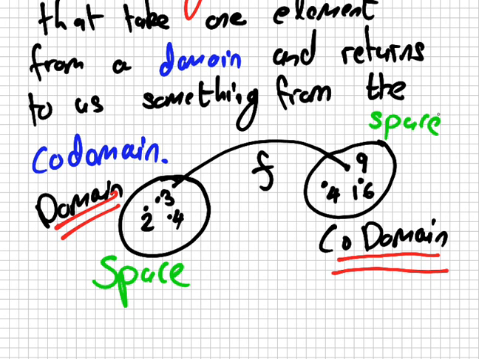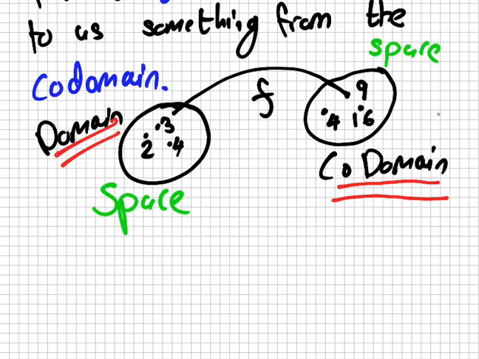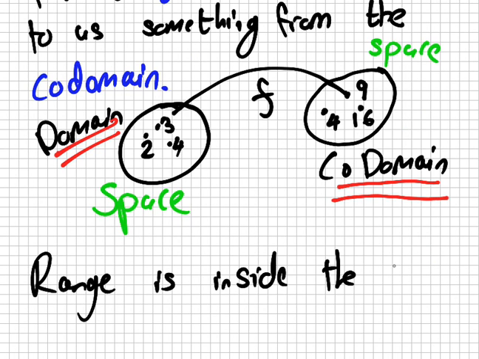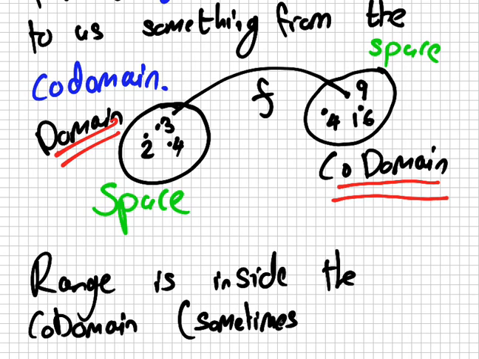It's a really small difference, but the range is inside the codomain. And sometimes the range actually does equal the codomain, but not always.